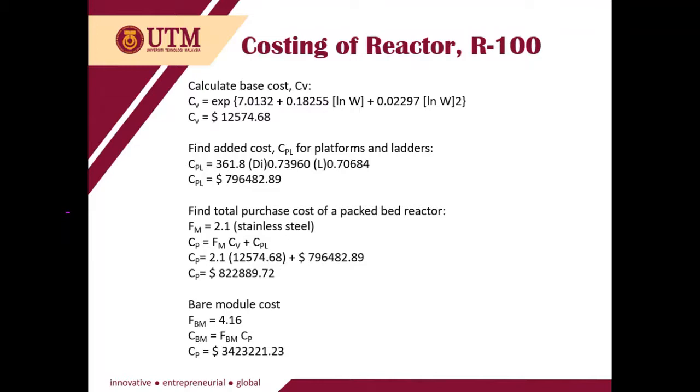Next, find the total purchase cost of a packed bed reactor with material factor 2.1, and the total purchase cost is around $822,000. The bare module cost with bare module factor 4.16 is around $3.4 million.